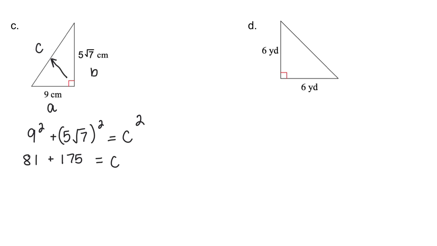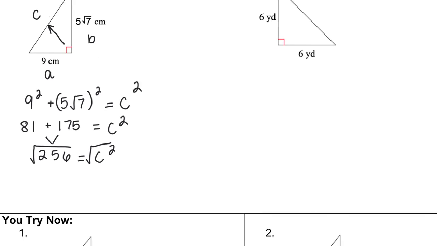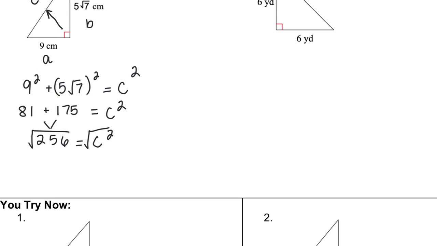And that equals C squared. 81 plus 175 is 256, equals C squared. So to get C by itself, we're going to square root. And we can check to see if this will simplify nicely on our calculator before we try to reduce. And it does. The square root of 256 is actually 16. So 16 equals C.